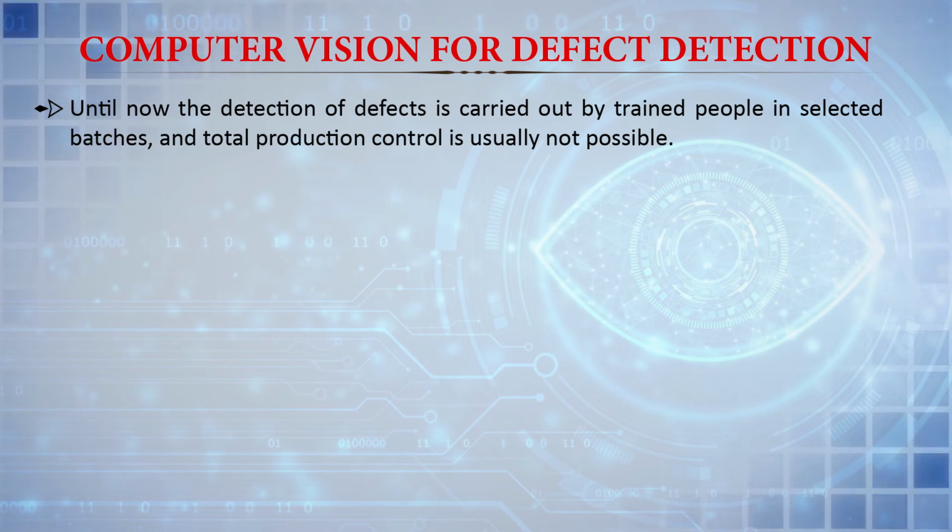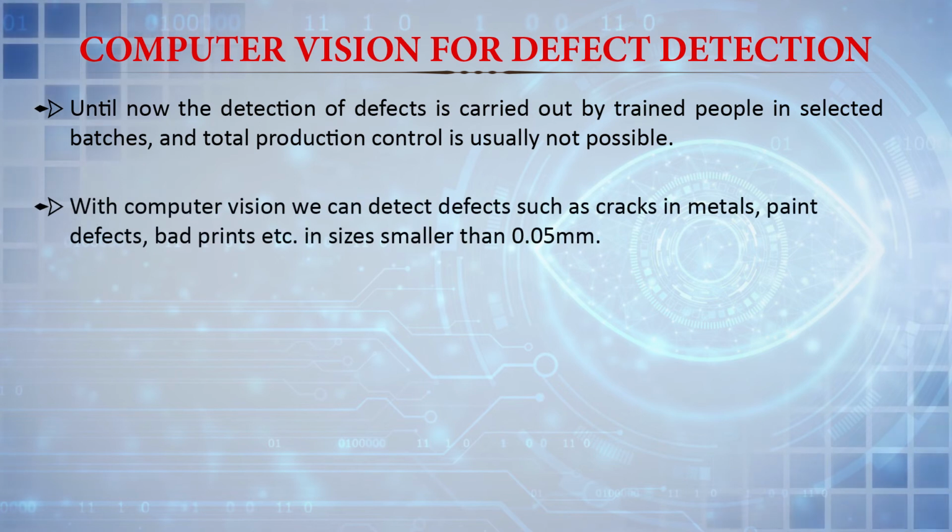Human intervention was there till now, standing by the side of the conveyor belts and looking for defects, whether the product is coming with defects or not. With computer vision, we can detect defects such as cracks in metals, paint defects, bad prints, etc., in sizes smaller than 0.05 mm. So, this is the precision that we can think of whenever we are using computer vision for defect detection.